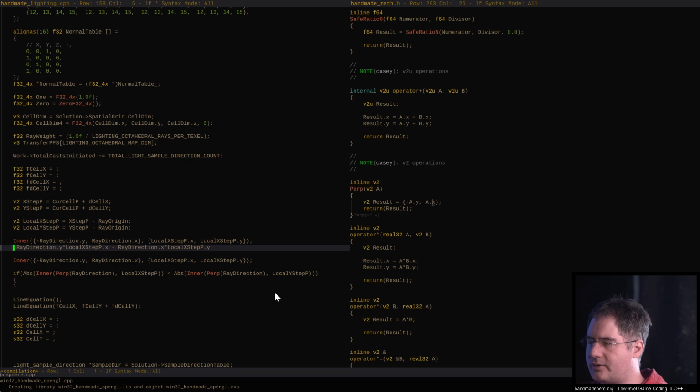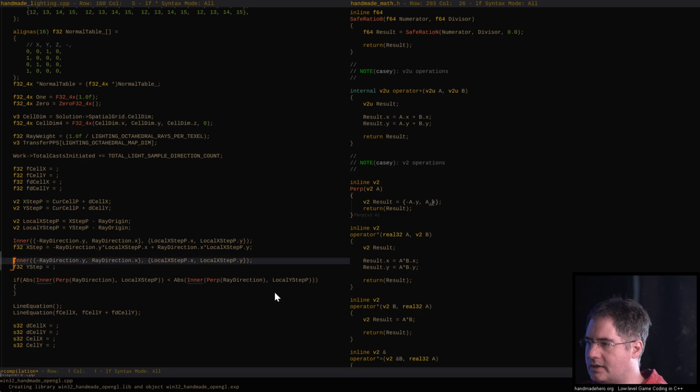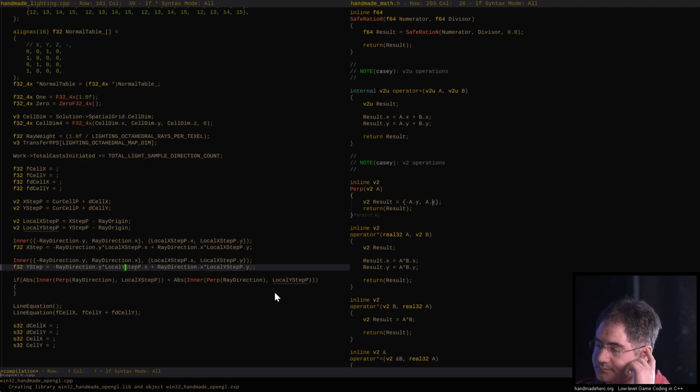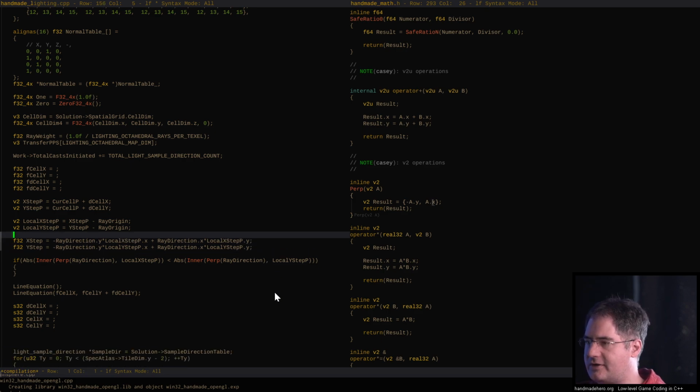So in terms of what we're actually computing, on one side, if we wanted to take the local step x, this is the x step. The y step is the same thing, but it's literally just multiplying a different value, right? So what you can see here is that as we work this through, it gets down to something very straightforward.